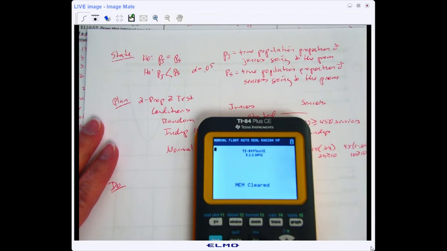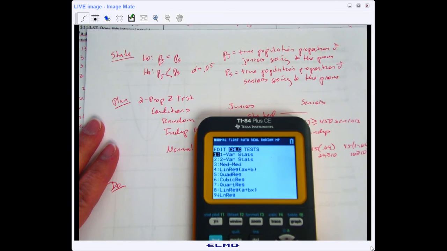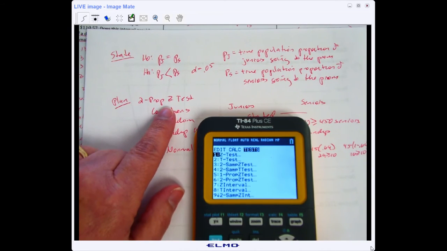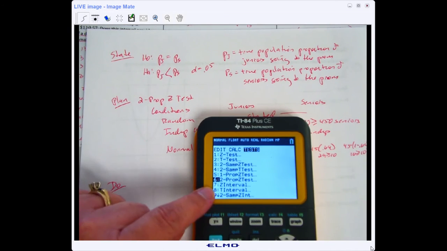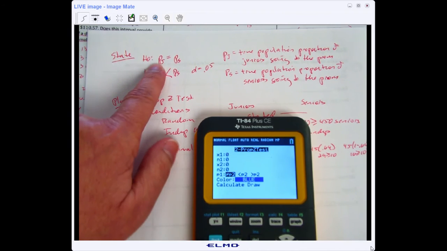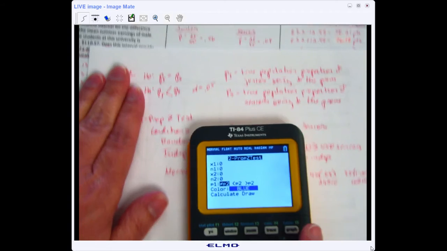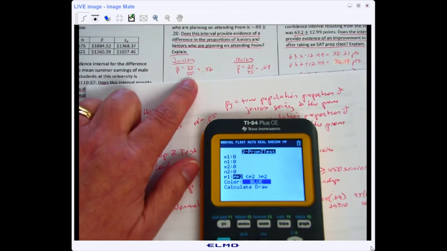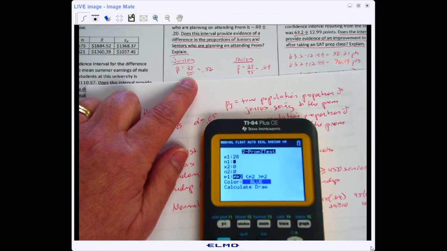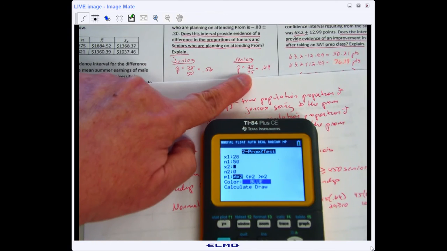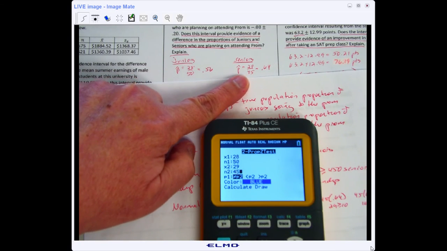So when I run it in the calculator, I'm going to go over to my tests. And again, this is a 2 proportion Z test. So here we go. I did do juniors first, so juniors are going to be my 1s and seniors are going to be my 2s. So let's see. My X of my juniors was 28. Sample size was 50. For my seniors, it was 29 over 45.